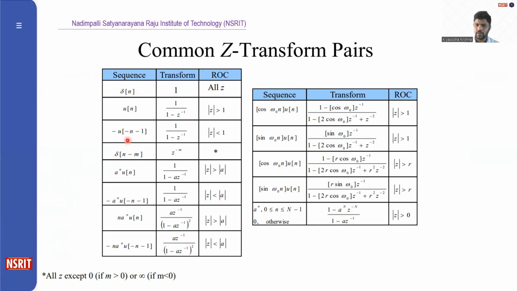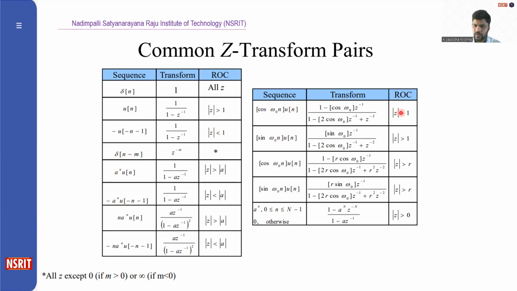As already told, for u of n we cannot consider u of minus n minus 1; the same expression in 1 by z applies to both, but one is the right-hand side and the other is the left-hand side. Then the time shifting delta of n minus 1. This is a constant value, a power of n, a power of n, 1 by 1 minus a z to the minus 1. Likewise, we have some standard signals with respect to sequence transforms.